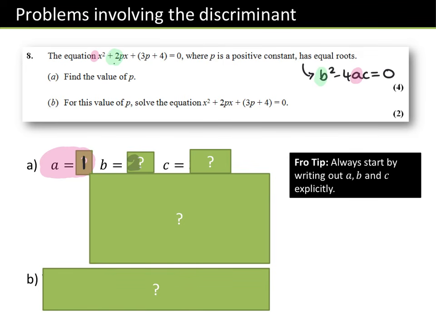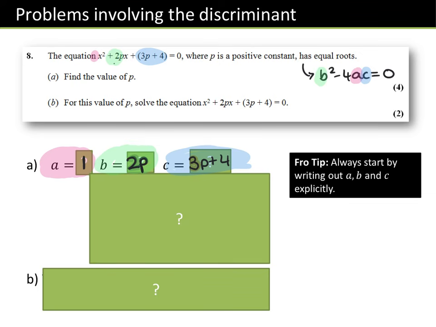Then C is our constant, the one that doesn't have an x near it. It's just a number, and in this case it's 3p plus 4. Everyone should be happy, and use some highlighters if you're getting confused.